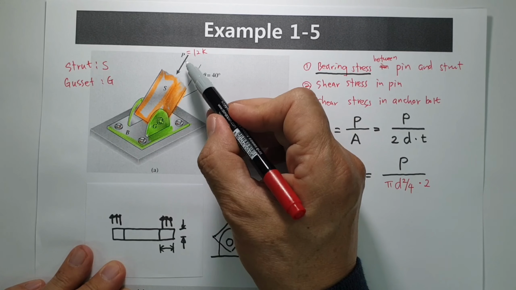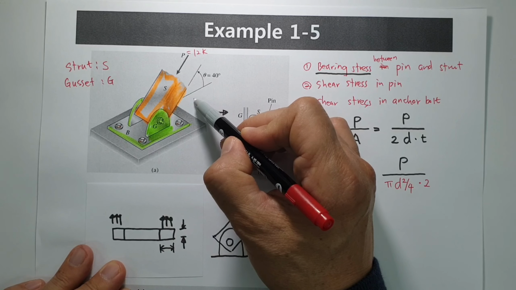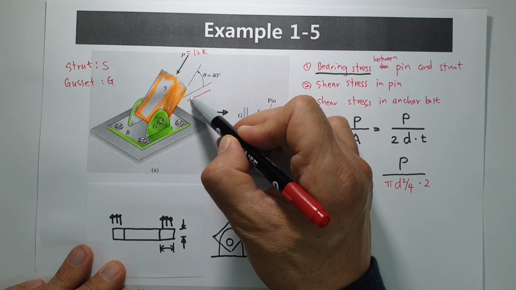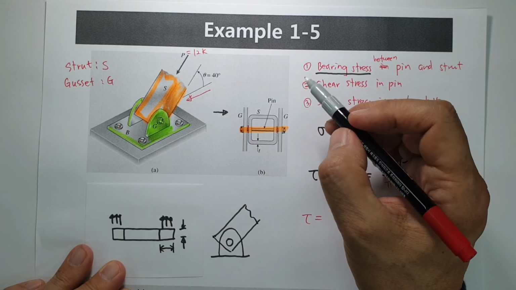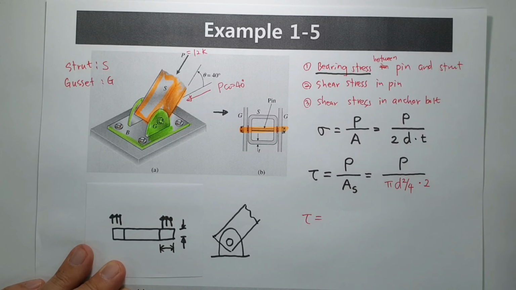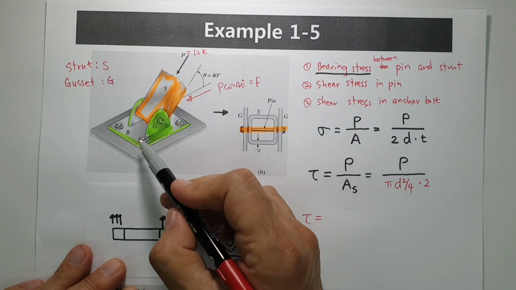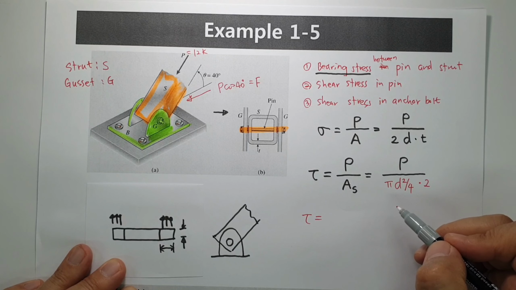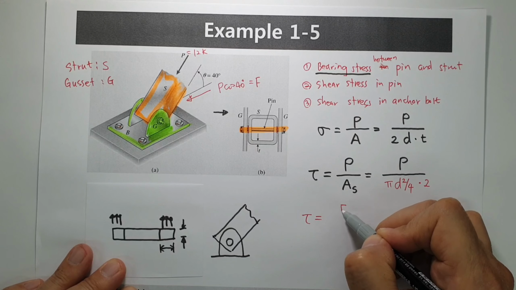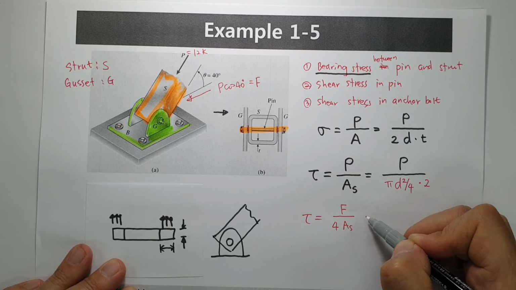When the force is acting at 40 degrees, then in the lateral or horizontal direction, this force is P cosine 40 degrees. Let's say this force is F. F is acting on 4 bolts, so F is divided by 4 A_s.